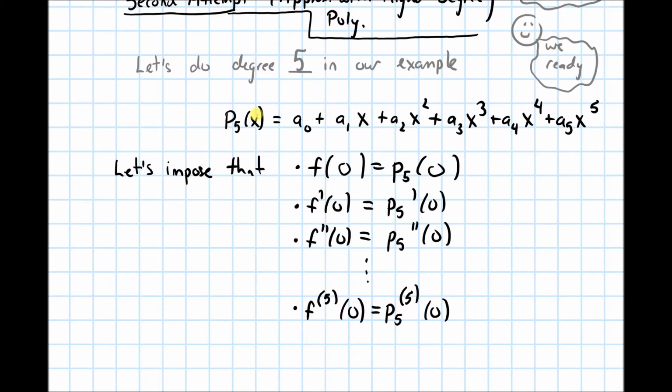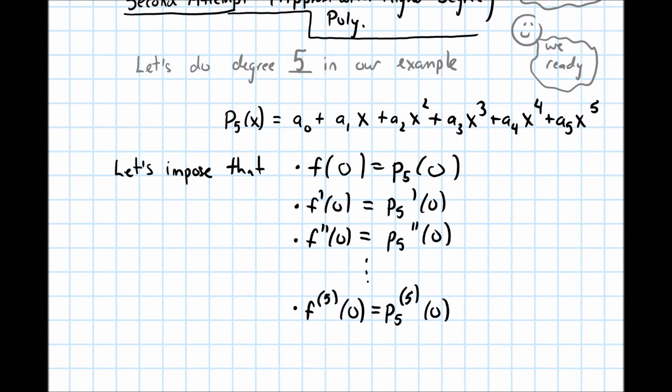So now that we have a fifth degree polynomial, we can impose that all of these values agree up until these fifth derivatives. We can't do more than that because if we were to take a sixth derivative or higher, the sixth derivative of this polynomial is going to be 0 again. And that won't match up with the sixth derivative of our function at 0, because that would be 1.